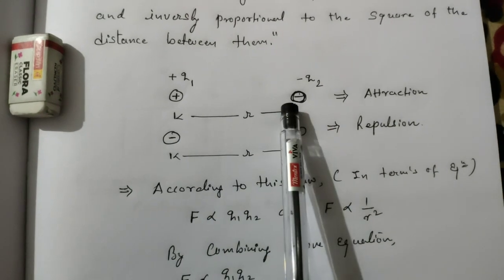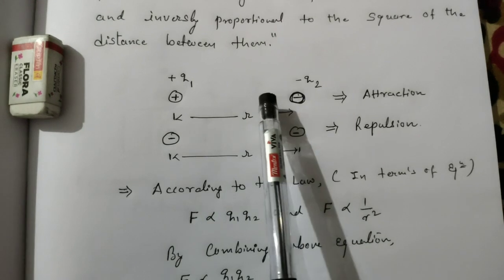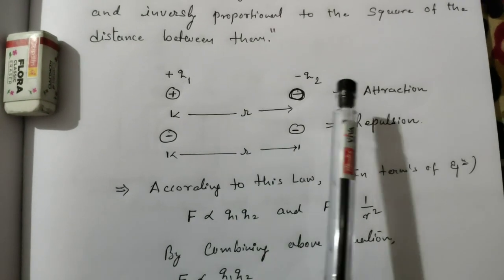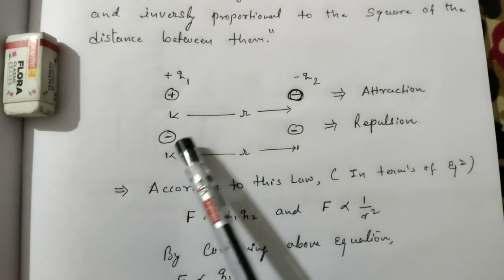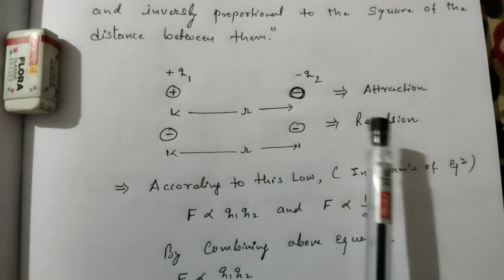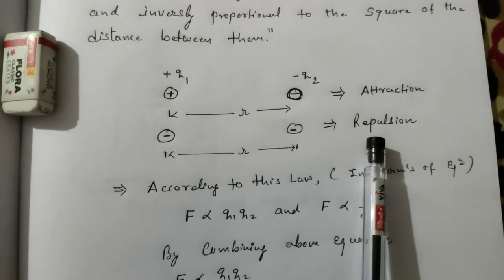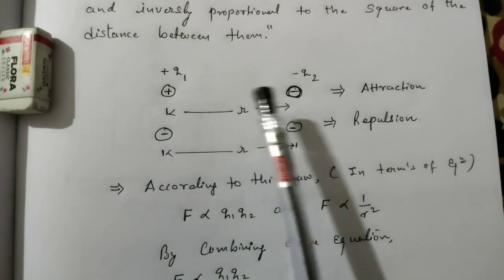In this case, what happens? As you know, when a positive and a negative charge are put at a certain distance, attraction happens. Similarly, if we put two negative or two positive charges at the same distance, repulsion occurs. Here I have drawn r, which is the distance between the two charges.